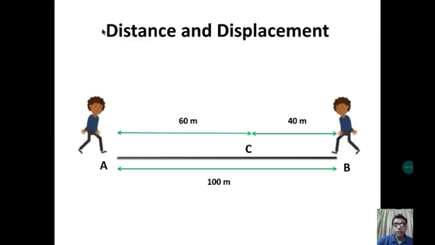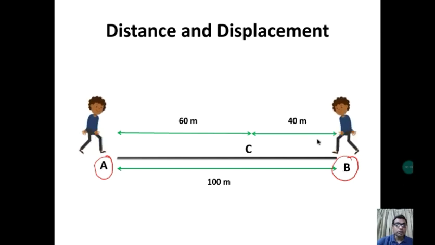So let us take an example to understand distance and displacement. As you can see, a person is standing at a point A and is moving to point B. Reaching point B, the distance covered is 100 meters.